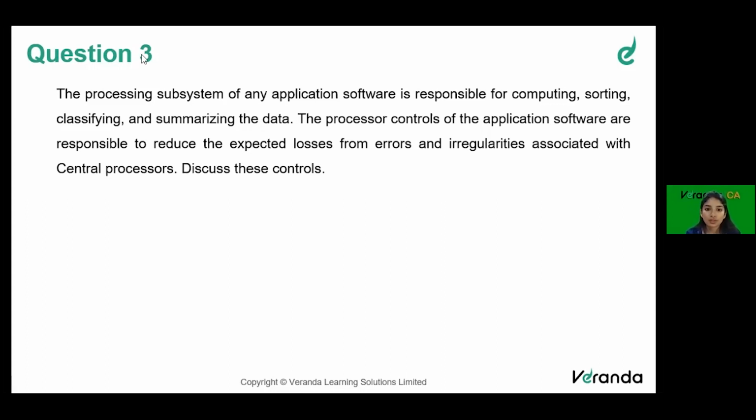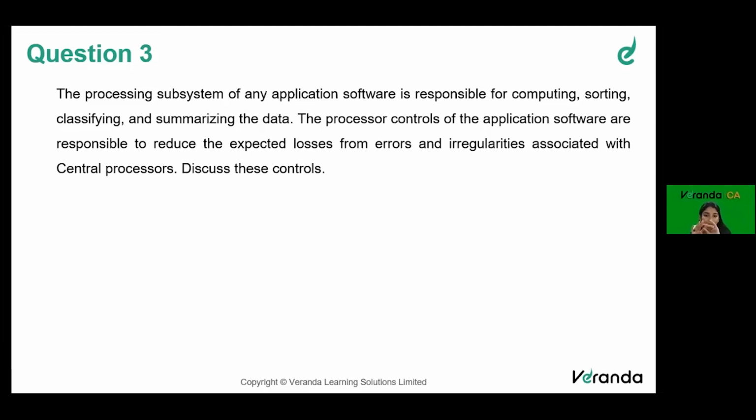Discuss these controls. So see, first, the computer has a brain, which is known as the CPU. And all these people who live in the computer, Excel, my Ola, Uber, my Google Chrome, all these softwares have their own brain. So the main brain is known as CPU, central processor, and this brain is known as the processing subsystem.